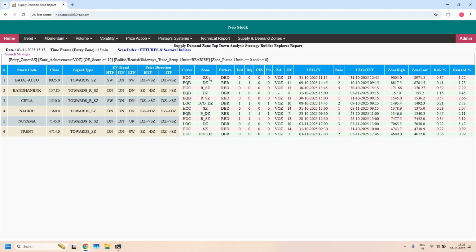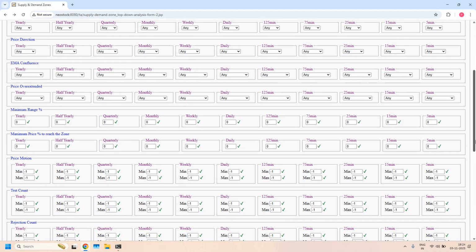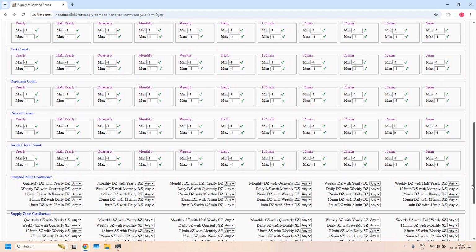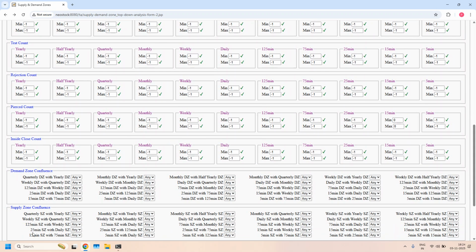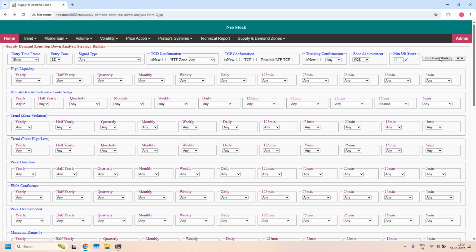Entry time frame zones are 15 minute supply zones. Let's identify high probability trade setup supported 15 minute supply zones using 2 different strategies. Let's apply the first strategy. First step in the first strategy, LTF and ITF supply zone confluence. That is 15 minutes and 75 minutes supply zone confluence is enabled.